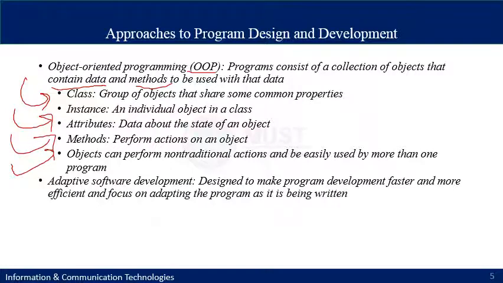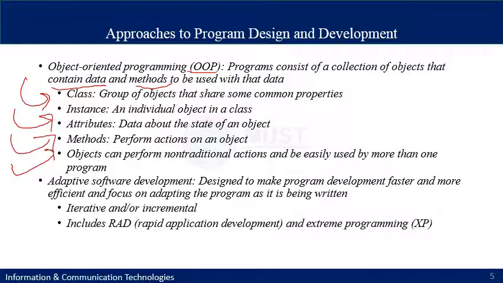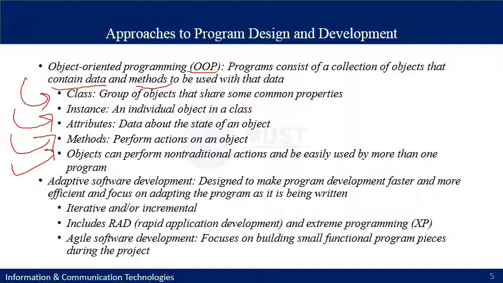We also have adaptive software development, which is designed to make program development faster and more efficient and focuses on adapting the program as it is being written. It follows an iterative and incremental approach, and it follows the rapid application development model and extreme programming.